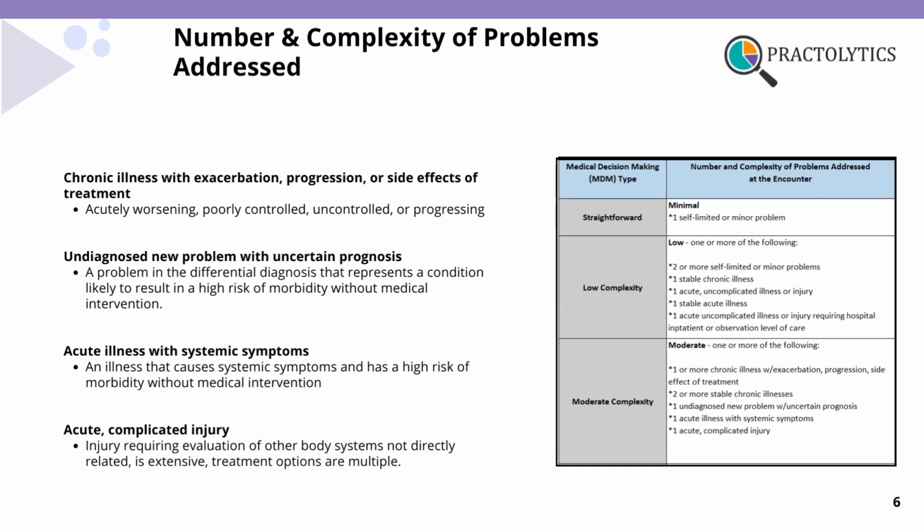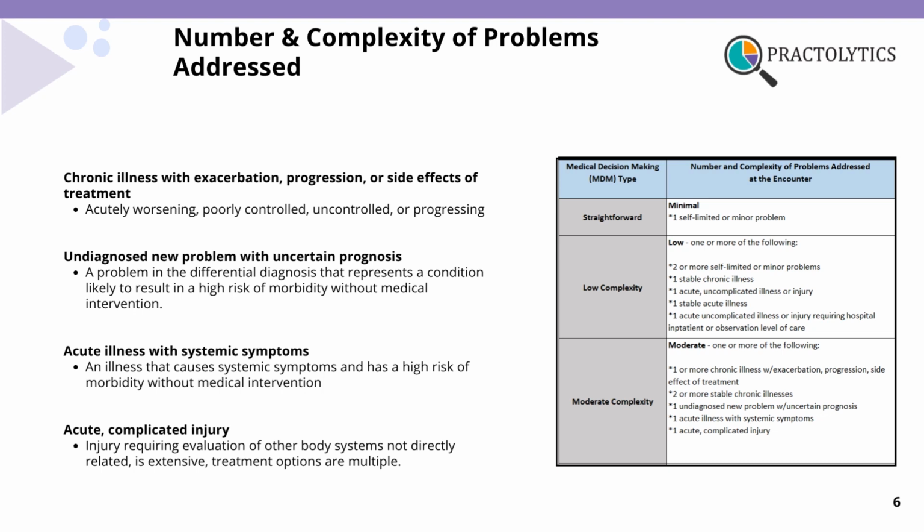Now, the next one is undiagnosed new problem with uncertain prognosis. These are problems in the differential diagnosis that represent a condition likely to result in a high risk of morbidity without treatment, which means this is something not yet confirmed or diagnosed as a specific condition and may lead to different diagnoses.